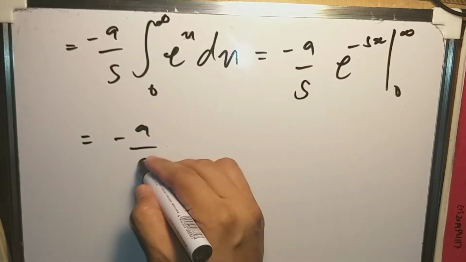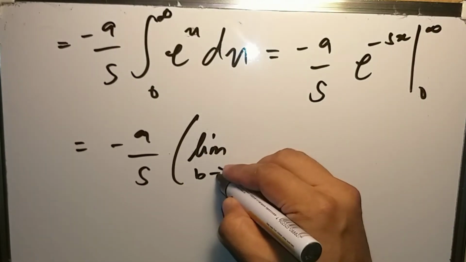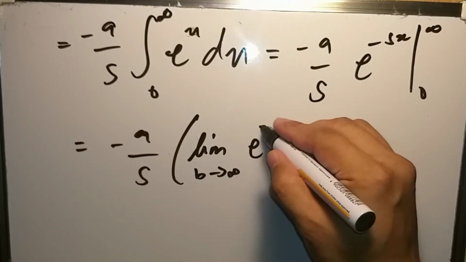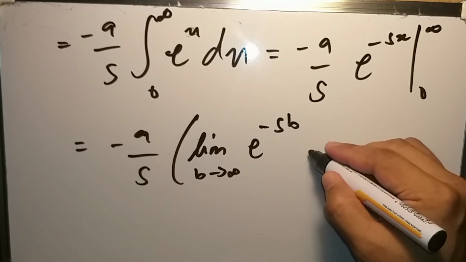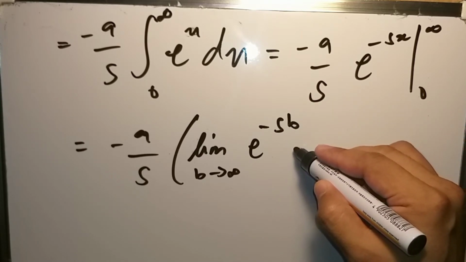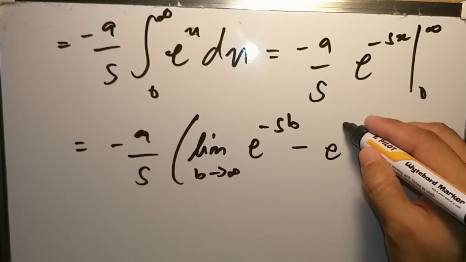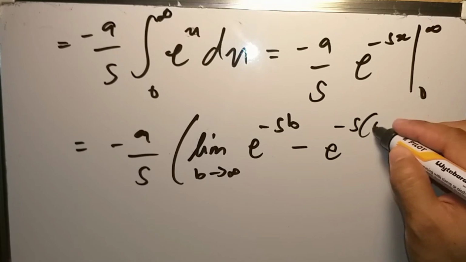So we have the limit as b approaches infinity of e to the negative sb, minus e to the negative s times 0.